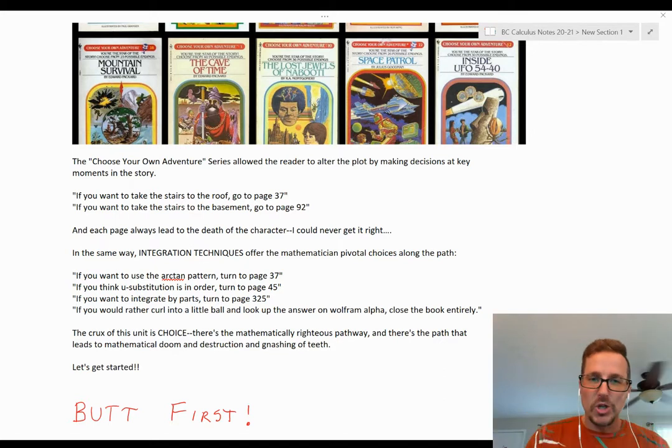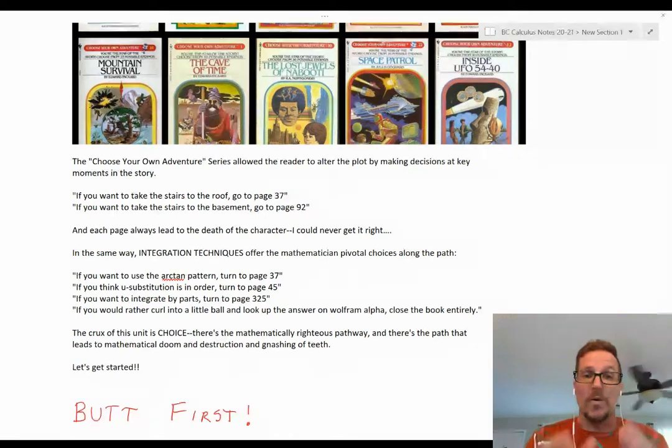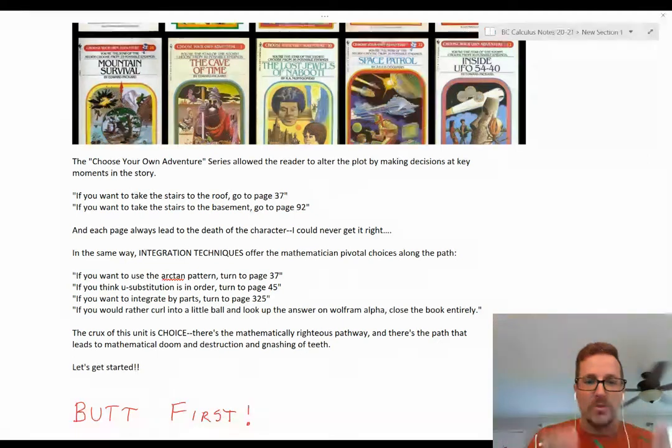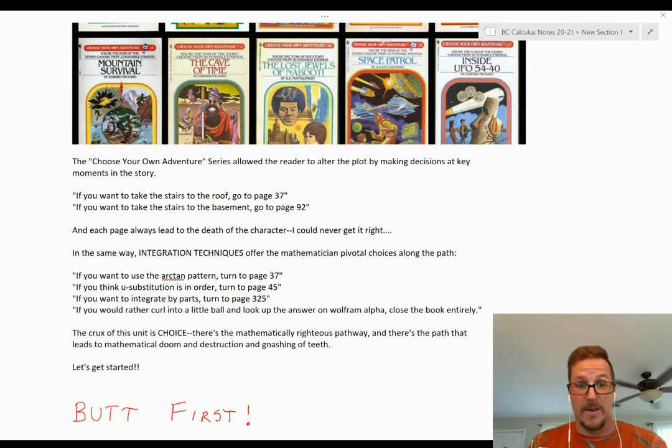The choice in mathematics sometimes is the hardest choice to make because you don't always know if that choice is going to lead to something good or the death of your character or the problem that you're working on. There's always a mathematically righteous pathway to take, but there's also a path that leads nowhere, and you've got to go back and start from the beginning again.